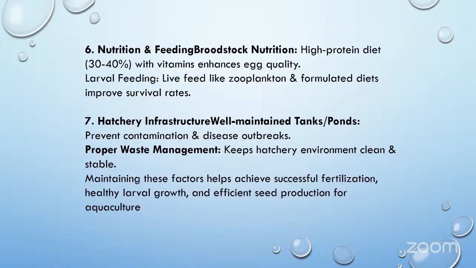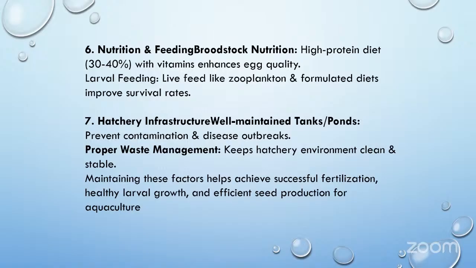Then nutrition and feeding. For brood stock, a high protein diet, that is 30 to 40%, with vitamins enhances egg quality. Larval feeding also: live feed like zooplankton and formulated diets improve survival rates.